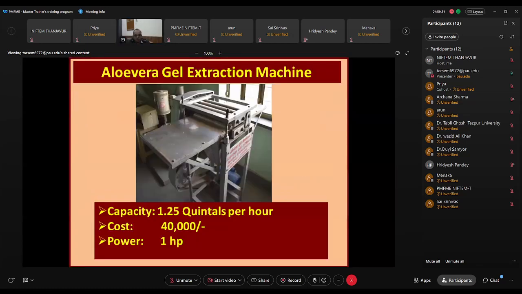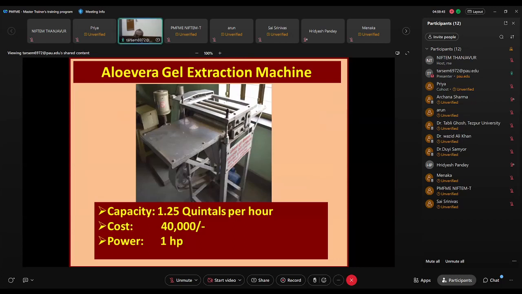So one machine has been developed in PAU. This technology has also been recommended by the Punjab Agriculture University. This is the aloe vera gel extraction machine where we extract the gel from the aloe vera leaf.